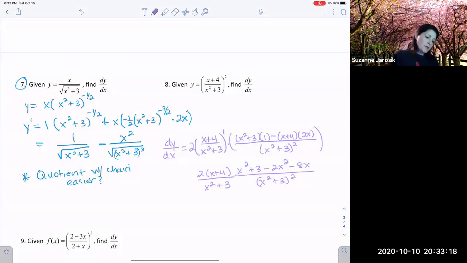This is all multiplied together. It's a big old times in the middle there. So we have x squared plus 3 cubed on the bottom. And we have 2x plus 8 times, put some of this together, x squared minus 2x squared, so that's a minus x squared minus 8x plus 3.